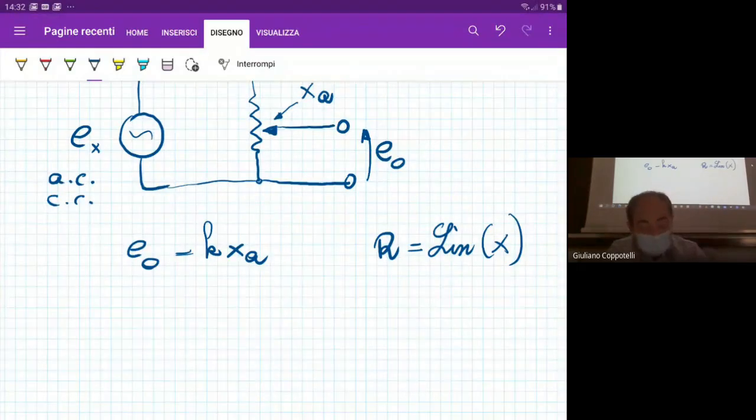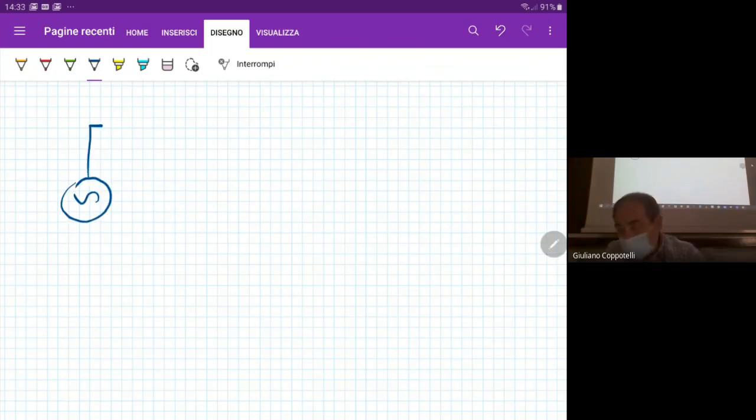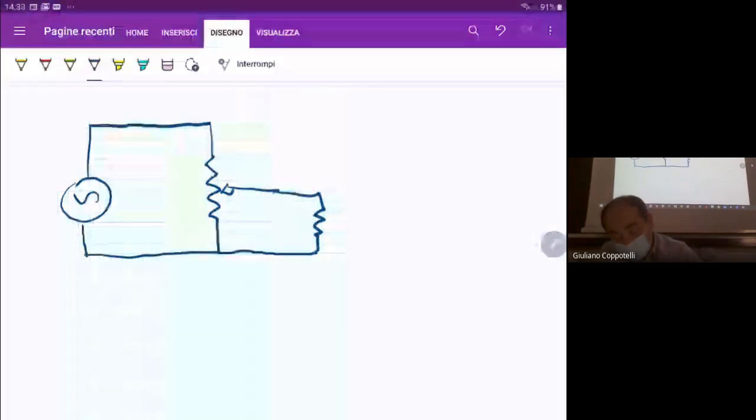Okay, so let me rewrite that. Let me write the previous circuit like this. Then what I have here is the previous circuit, but now I have to add another resistance.